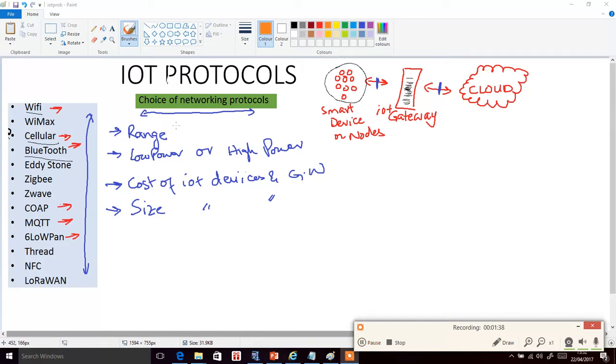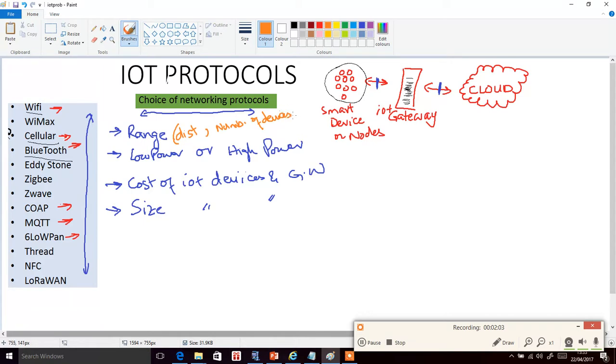Now the range can have two meanings. For example, what is the distance between the IoT devices and the gateway, or between the gateway and the cloud. And the range can also mean the number of devices that will be supported.